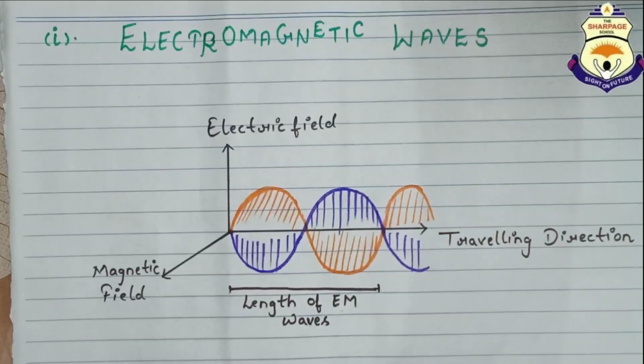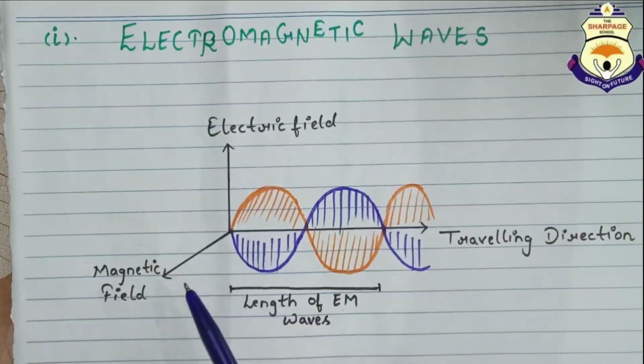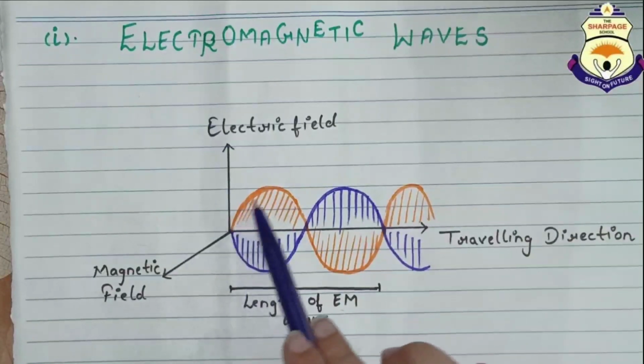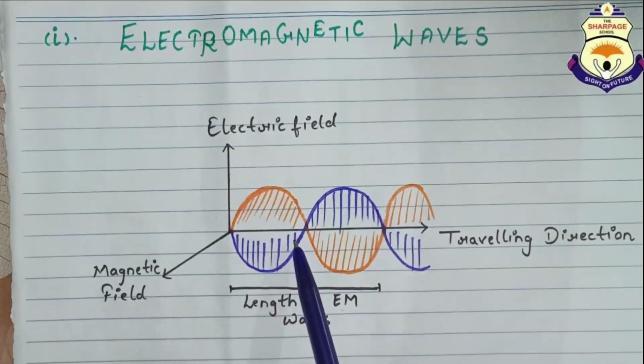Electromagnetic waves, or EM waves, are waves that are created as a result of vibrations between an electric field and a magnetic field. An electromagnetic wave consists of oscillating electric and magnetic fields that mutually induce each other.